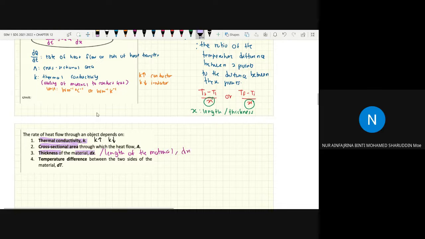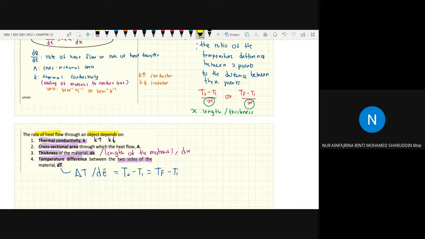And another is the temperature difference between the two sides of the material. The temperature difference is either dT, but we know it is T2 minus T1, or you can write final temperature minus initial temperature, no problem. So the rate of heat flow through an object will only depend on these 4.